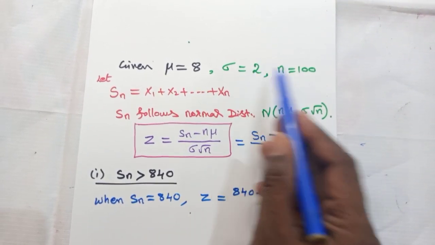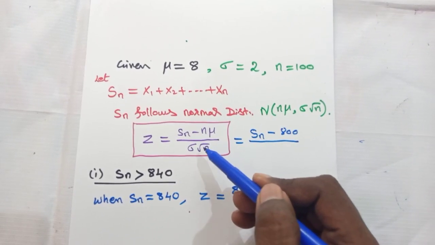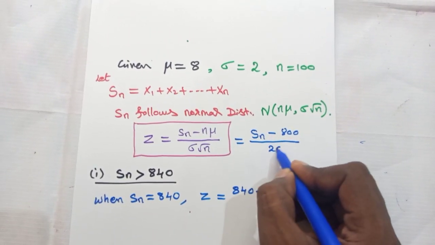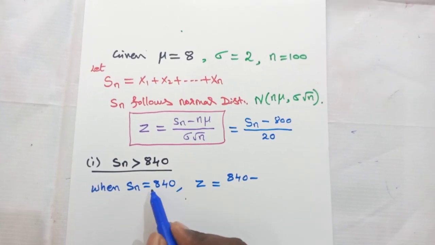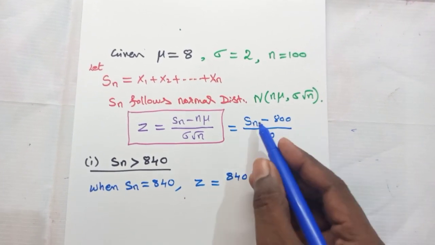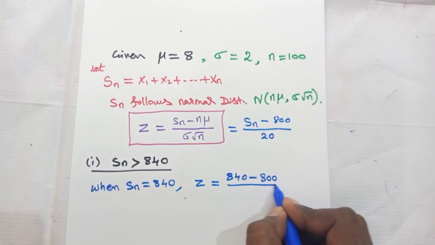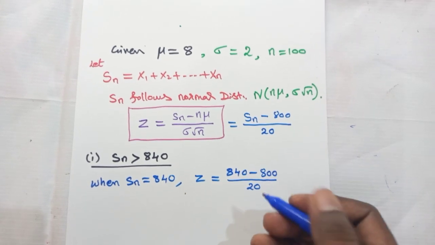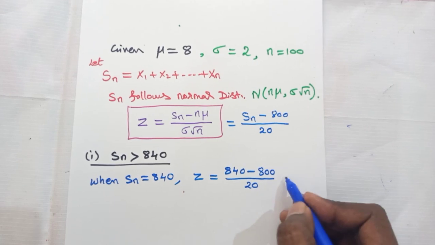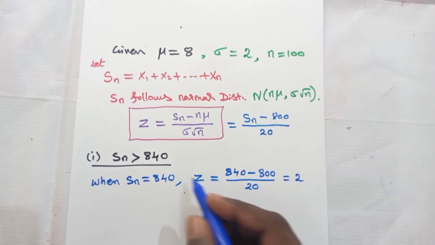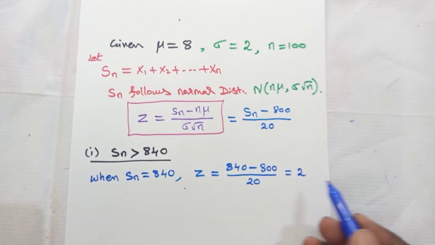Sigma is 2, root n is root of 100, which is 10, 10 into 2 is 20. Now I want to find the Z value when Sn is equal to 840. Substitute the Sn value: 840 minus 800, whole divided by 20. Using your calculator, 840 minus 800 is 40, and 40 by 20 is 2. So when Sn is equal to 840, Z is equal to 2.